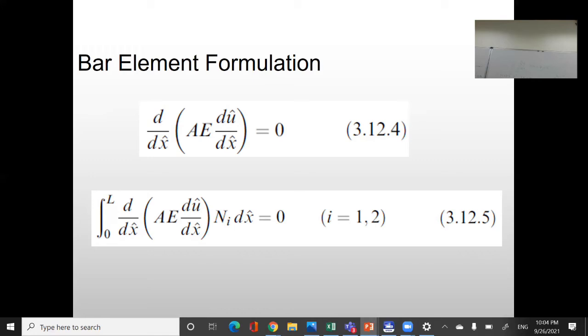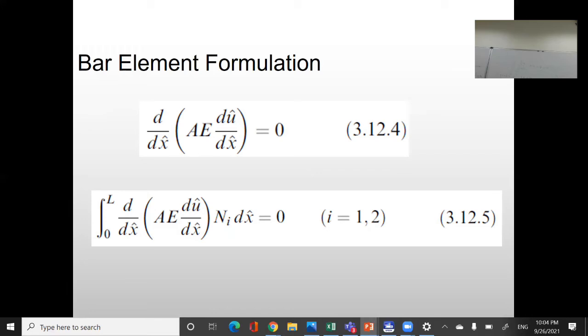Anybody will tell me? What is u? u is linear. If you take the derivative of linear, it will be constant. And if you take the derivative of a constant, it will be 0. You get nothing. The only way it will work is to use integration by parts.